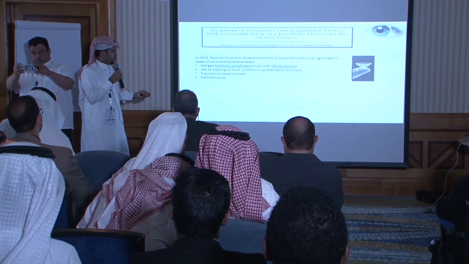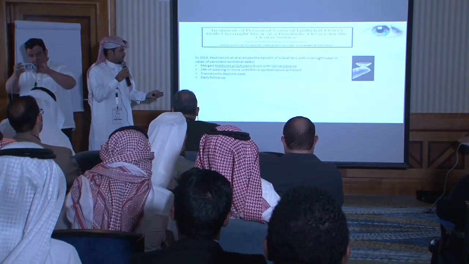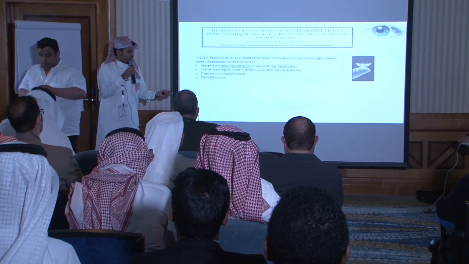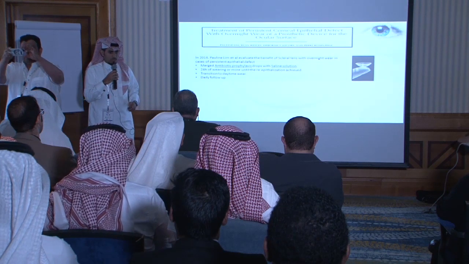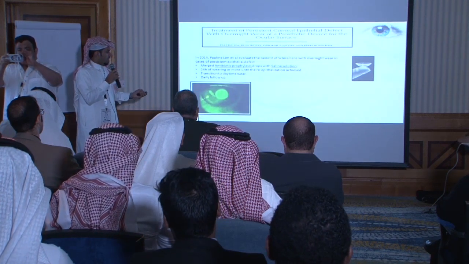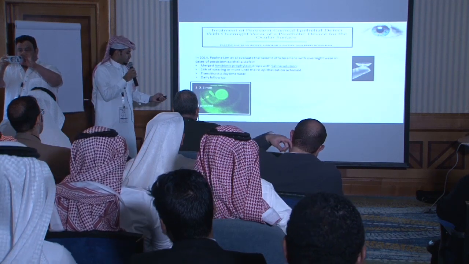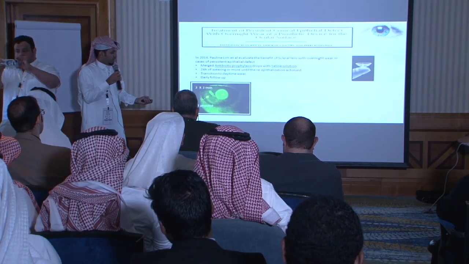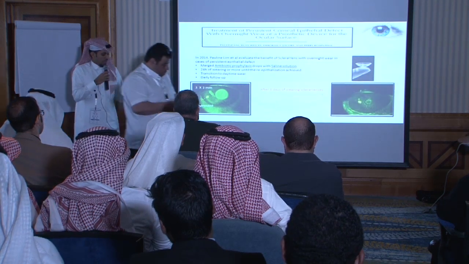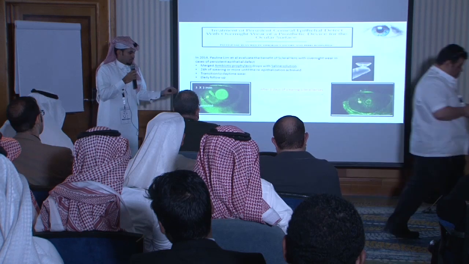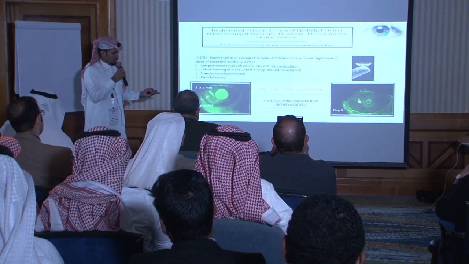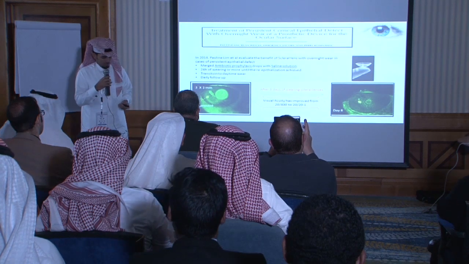They asked the patient to wear them for 24 hours until rehabilitation was achieved, then wear soft bandage contact lenses during the night. What they found is that after 8 days, the corneal epithelial defect had healed completely, and due to that, the visual acuity also improved from 20/400 to 20/20.